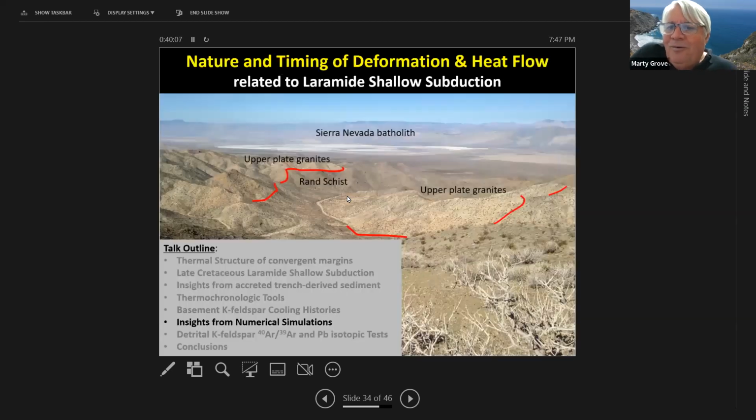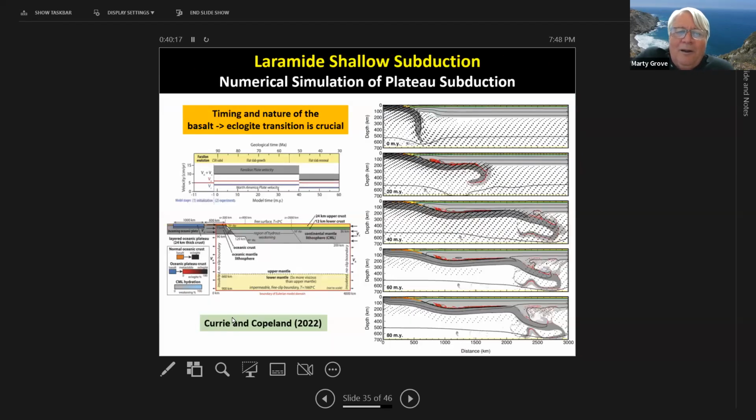And so now I'd like to try to obtain some insights into some numerical simulations of shallow subduction. This is work by Claire Curry, and Peter Copeland has been one of our long-term collaborators here. We're not going to get into the details of this continent scale calculation that they're doing here.